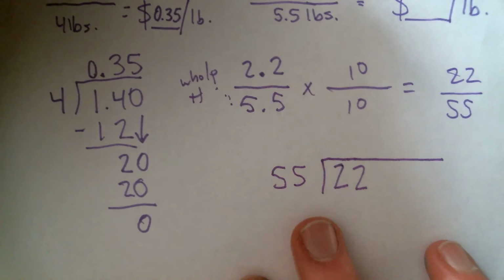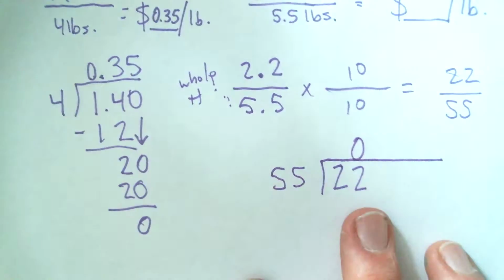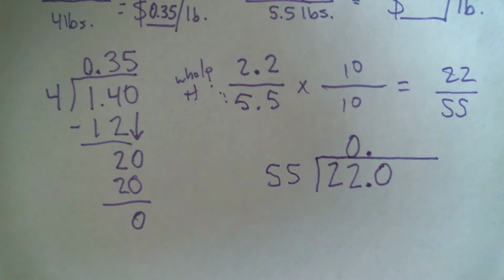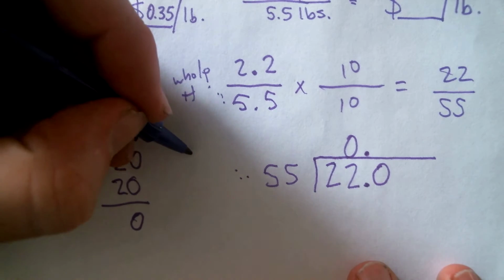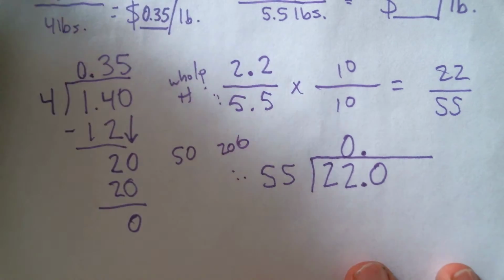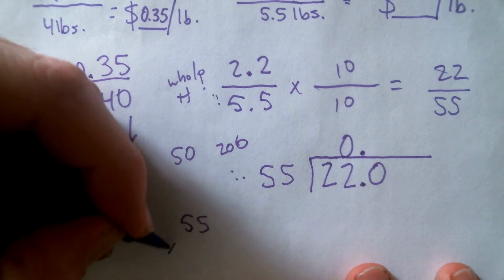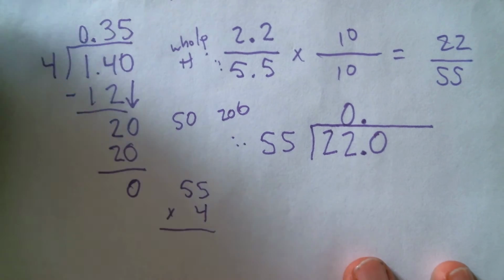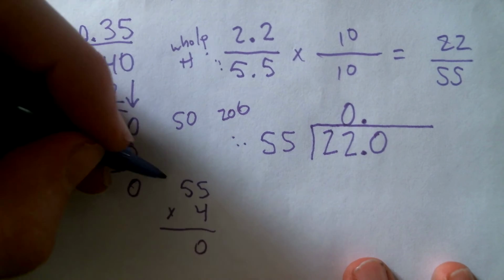Now here's the problem. 55 doesn't fit into 22. So I'm going to have to add a 0 and try that. Okay, well, let's keep going into 220. I might have to estimate. So I might think of this as, well, what about 50 into 200? What would that be? Well, that would probably be about 4. So let's try this. 55 times 4. 5 times 4, that is 20.